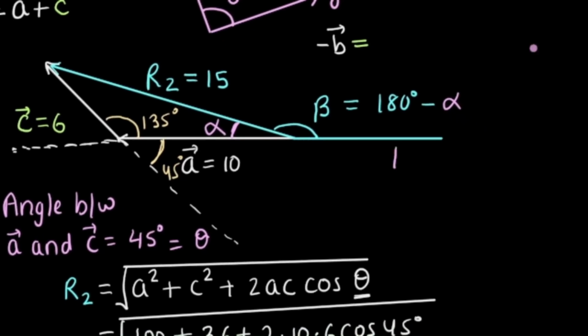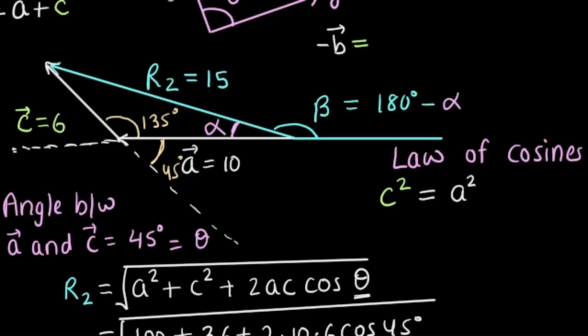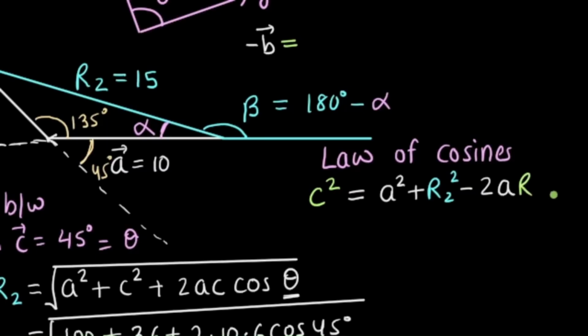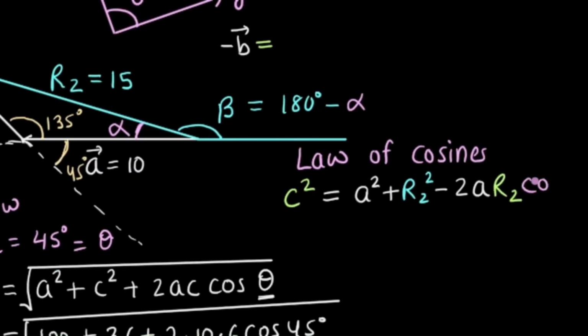Watch this. So law of cosines. This says C squared equals A squared plus R2 squared minus 2, okay, let's make some space here, 2AR2 cosine alpha. So now we want to isolate this cosine alpha.